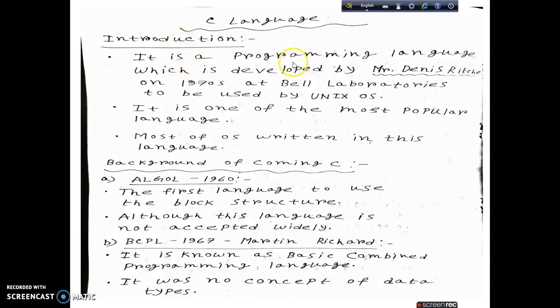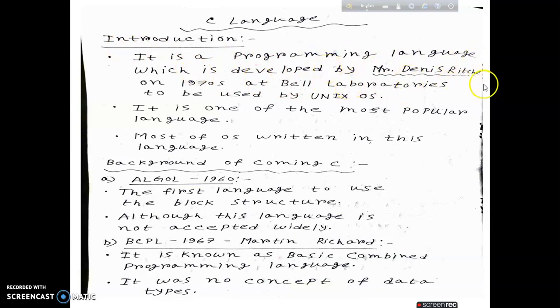C language. Now, introduction. C is a programming language which was developed by Mr. Dennis Ritchie in the year 1970 at the Bell Laboratories to be used by the Unix OS. So please note: who is the developer of the C language?